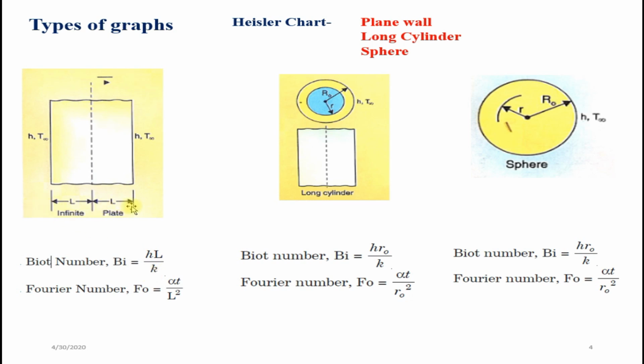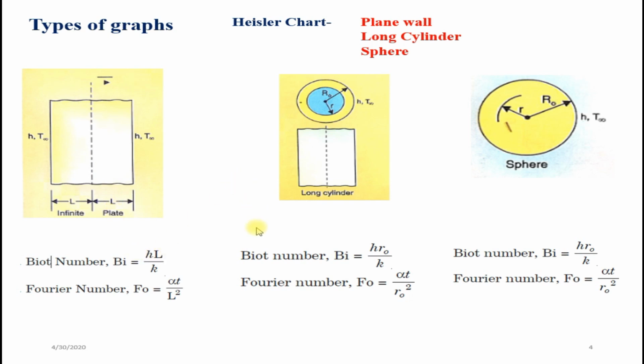The thickness is 2L, that is L plus L. So the Biot number Bi is hL by k and the Fourier number is alpha t by L square. Here the characteristic dimension for the infinite plate is L, Lc as L.